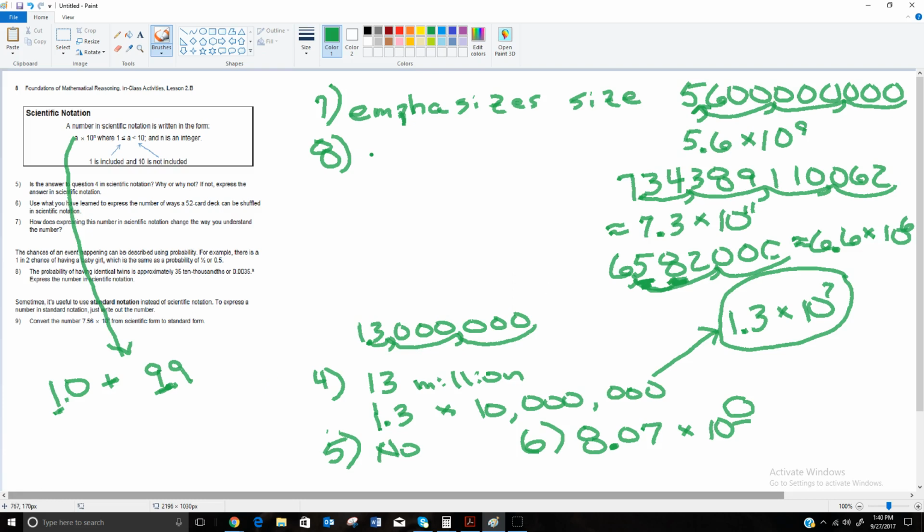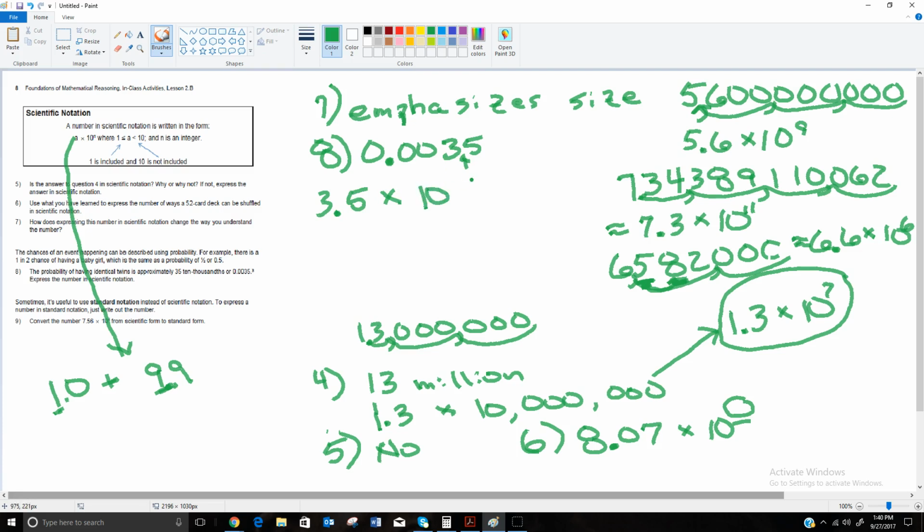Okay, so now let's go back to the number that they had. They had the number 0.0035, and they wanted us to express that in scientific notation. Well, all the numbers that we had here were large numbers that we wanted to write in scientific notation. This is a small number that we want to write in scientific notation. So we're going to put the decimal spot here, so it's 3.5.